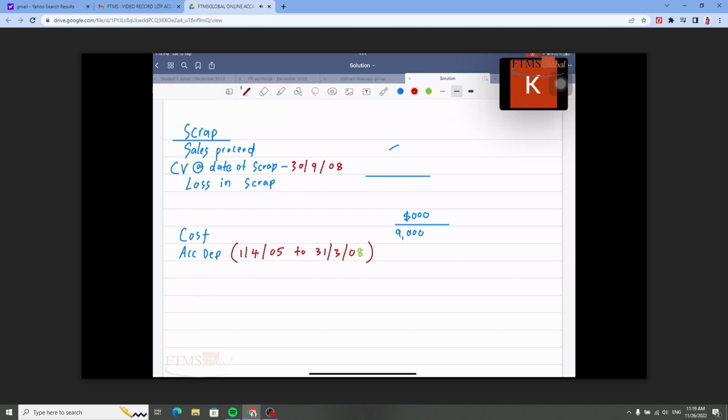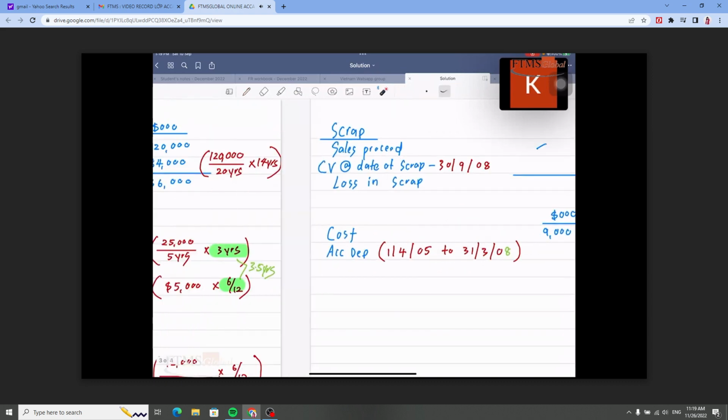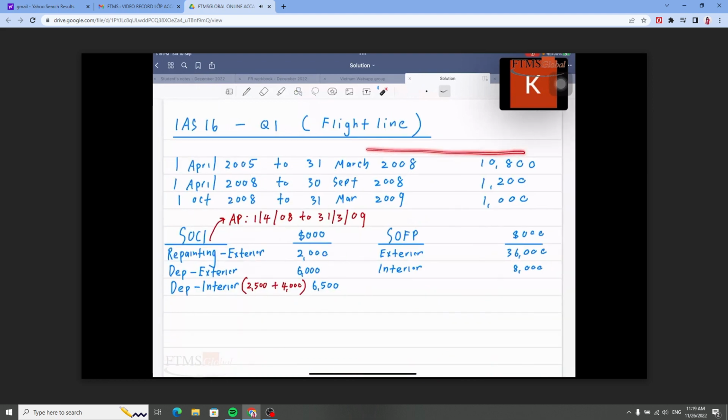Right. Now, look at this period. Hopefully you find it familiar. 1st April 05 to 31st March 08. Is it the same as here? 1st April 05 to 31st March 08. Remember the hours? These are the hours. So that's why the information is there for, right? Okay. So this period is 10,008.